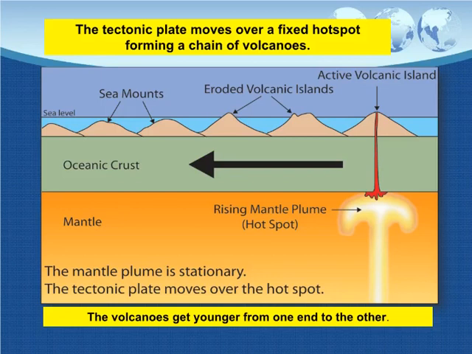Therefore, at one end of the island chain you see the youngest, most active volcanic islands, directly over the hotspot, and along the island chain the extinct volcanoes become older and more eroded. See diagram. This way geologists can use hotspot volcano chains to track the movement of the tectonic plate through time.